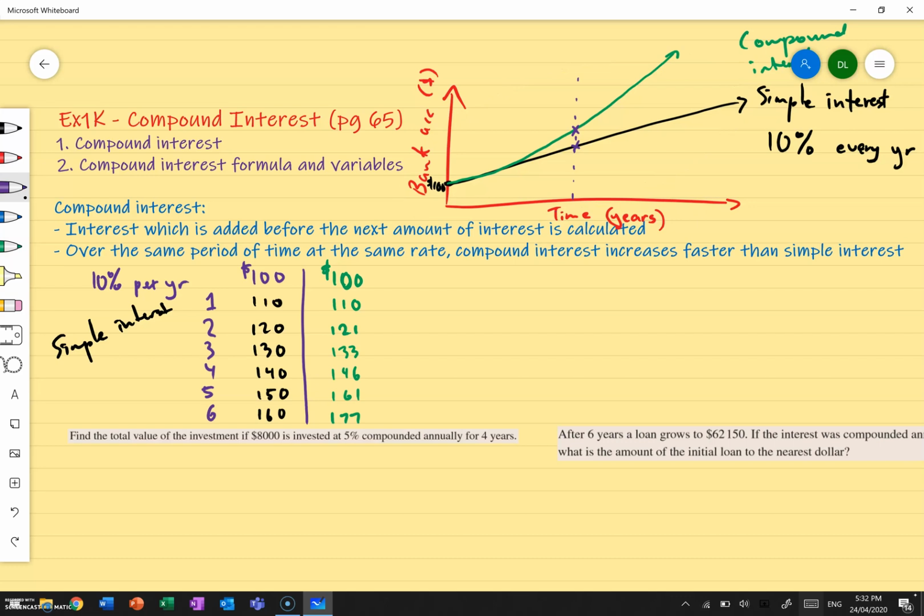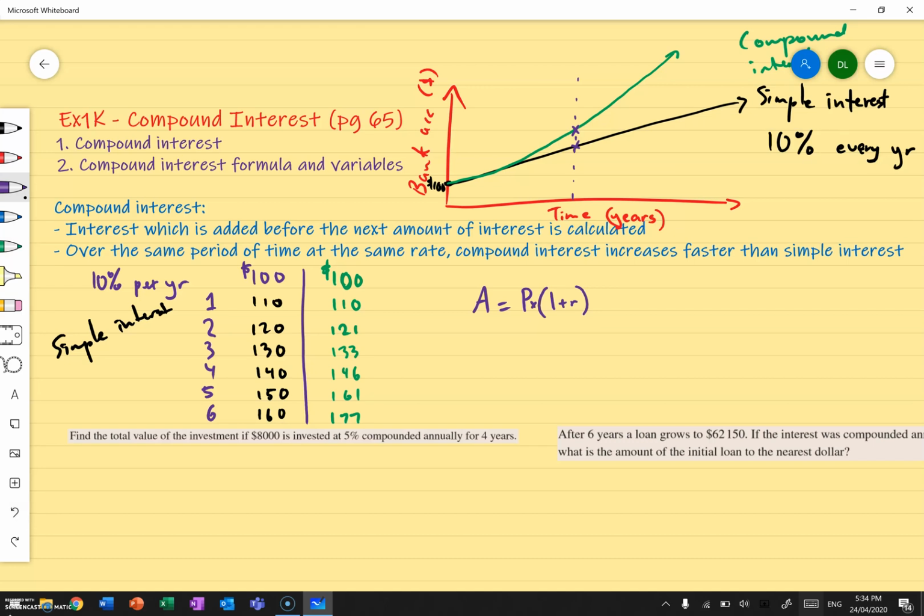We're trying to add an amount or percentage of money to the amount that we have, so we slowly add more and more depending on how much money we have. Okay, so the formula for compound interest is A equals P times bracket 1 plus R to the power of T. Now, we could probably rewrite this to make it easier.